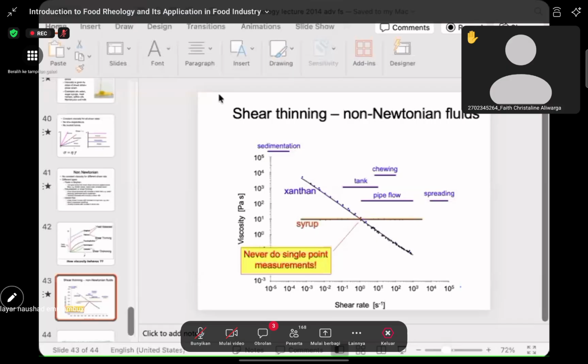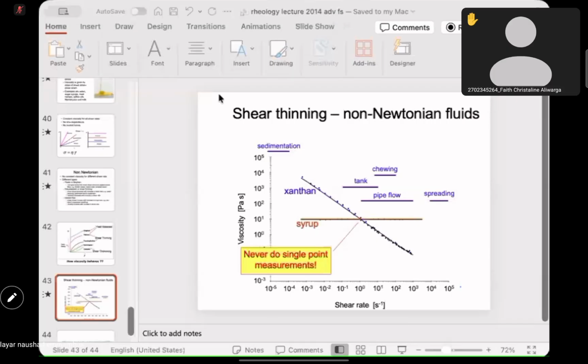Hello, my name is Faith. May I ask a question about the rheology? When I saw the example you gave with the oil and the herbs, A and B, where one of them has more sediment than the other, I would like to ask, how do you create a specific type of rheology for specific target markets?